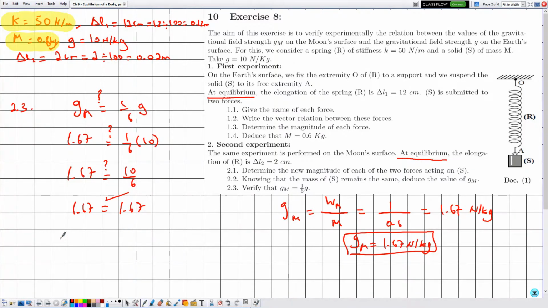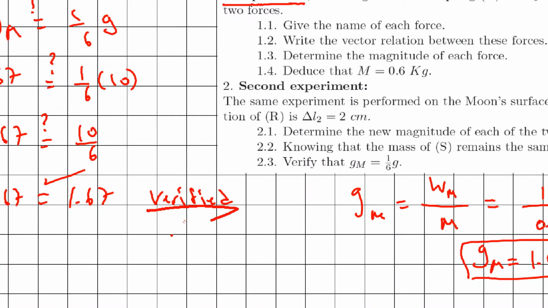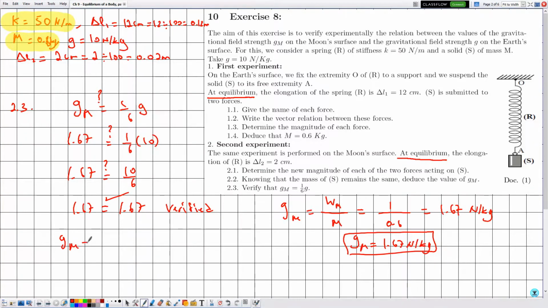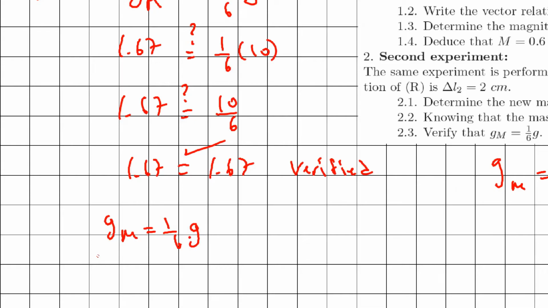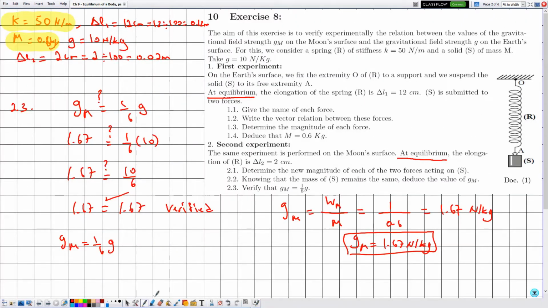So in this case, it's important here to write verified. Sometimes they give it half a mark. Then Gm is equal to 1 over 6 G. Okay, so what does this mean? If we cross multiply, for example, just to extract the physical significance from this equation, we have that G is equal to 6 Gm, which means that the gravitational field strength on Earth is 6 times stronger than the gravitational field strength on the moon.